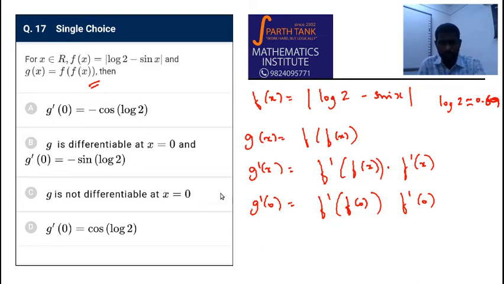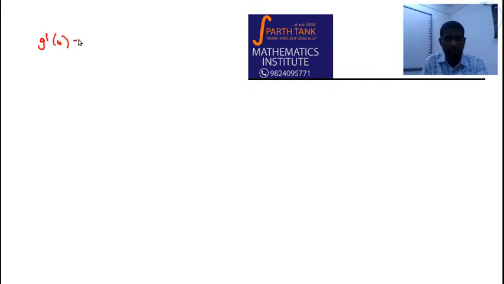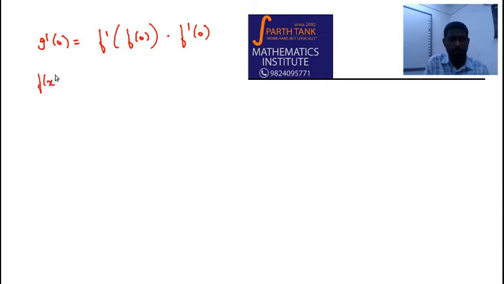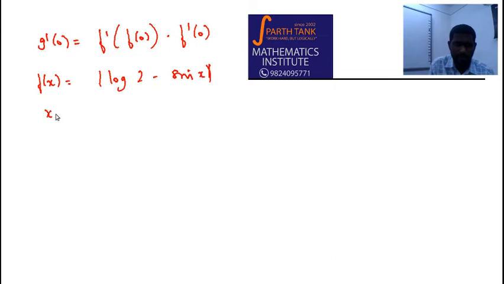Let's go to the next page. Here what we have so far is G dash of 0 is f dash of f of 0 multiplied by f dash of 0, and we have f of x is mod log 2 minus sin x. Now if you see in the neighborhood of 0, when x is very close to 0, sin x is close to 0, so it will be less than log 2, correct?